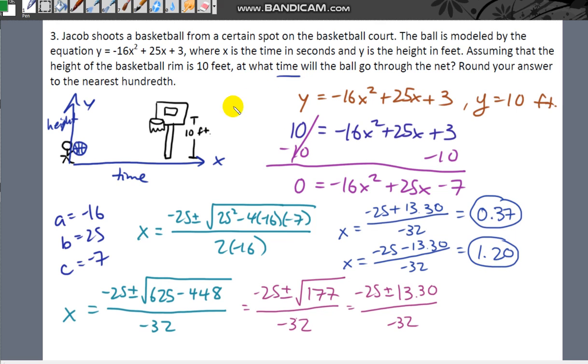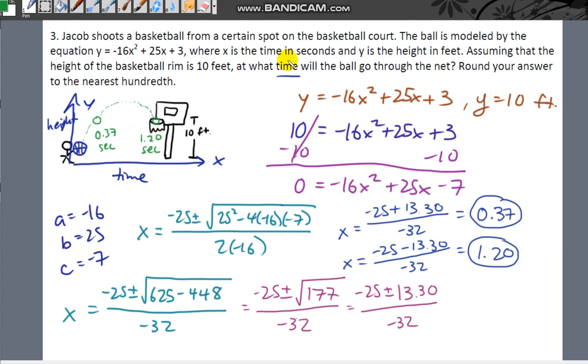What this means is that the ball, as Jacob shoots it, is coming up, and at this height it reaches 10 feet. And when it comes back down, it also hits 10 feet. If you're considering time, this would be 0.37 seconds, and this final one would be 1.20 seconds.